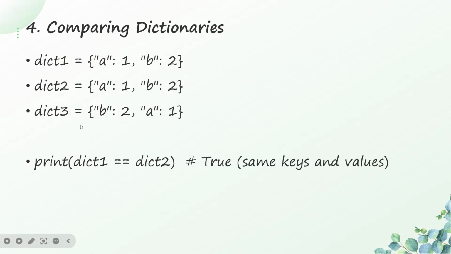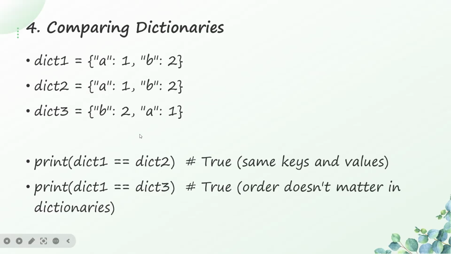But if you try to say any of this equal to dictionary 3, it's not going to be the same thing because first of all, they are not in the same order. And secondly, okay, all right, the order doesn't matter in dictionary. The only thing that matters is the keys and their values.